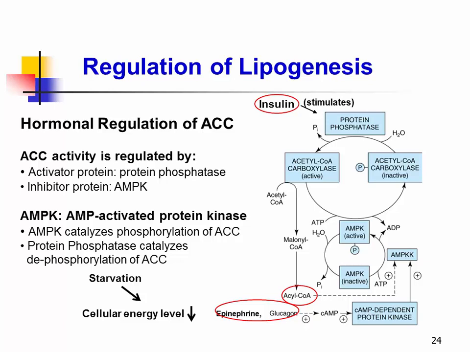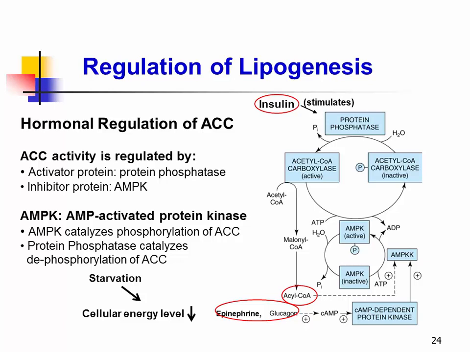For example, during fasting, we don't want to synthesize fatty acids; we want to use fatty acids. So the fatty acid synthesis pathway needs to be shut down or decreased. AMPK is the key enzyme that regulates ACC activity and shuts down lipogenesis.